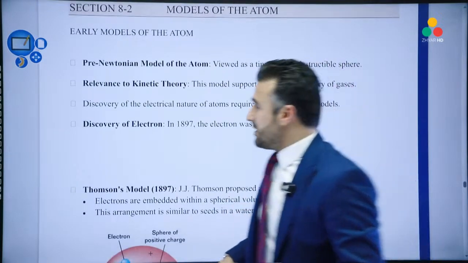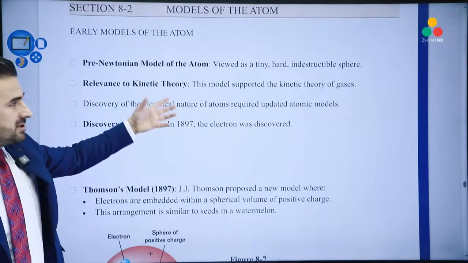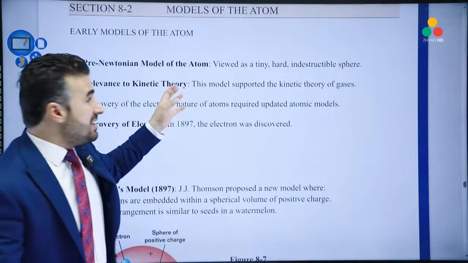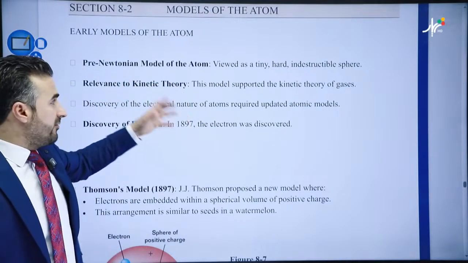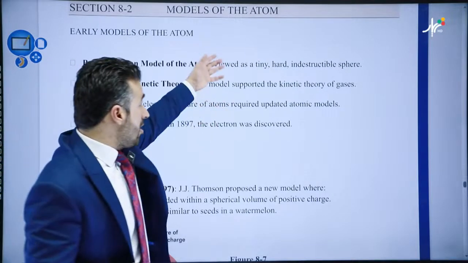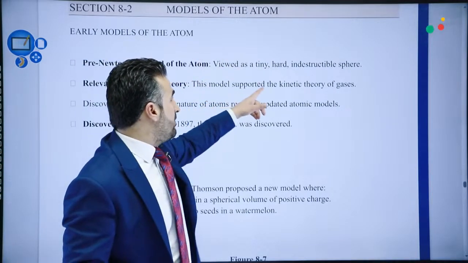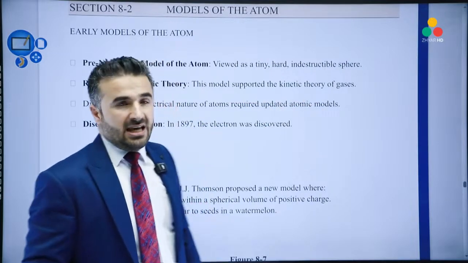And then we have something else, which is the relevance to kinetic theory. What is the relation between this model and the kinetic theory? You can say they are connected, because this model supported the kinetic theory of gases.